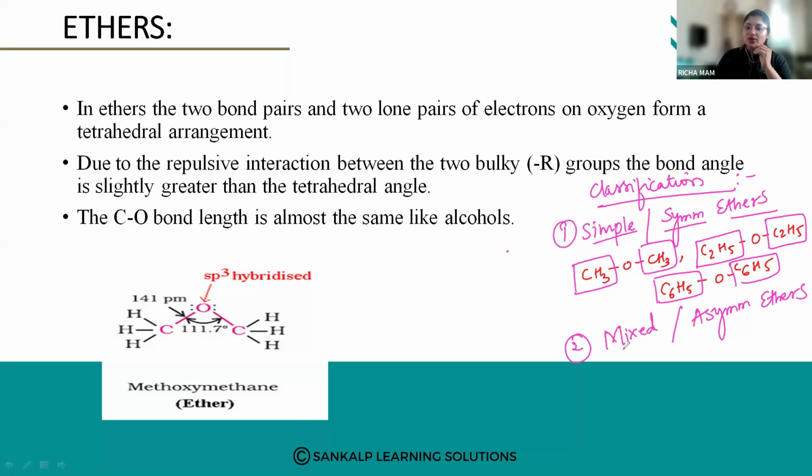Now, what are mixed or asymmetrical ethers? I'll give you an example: CH3OC2H5, or C2H5OC6H5.